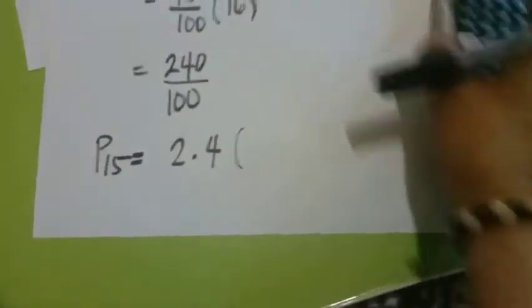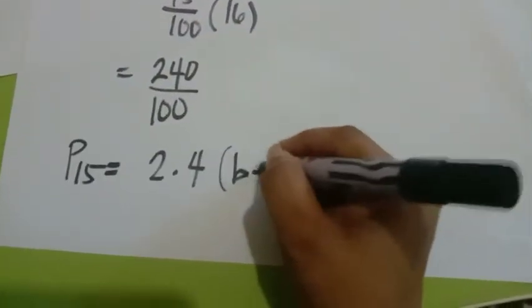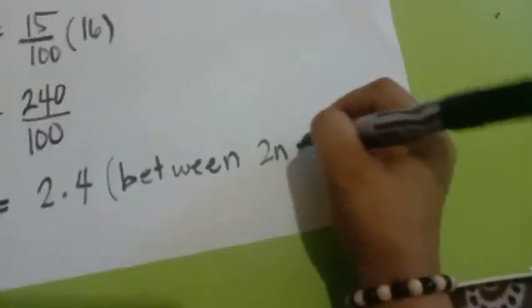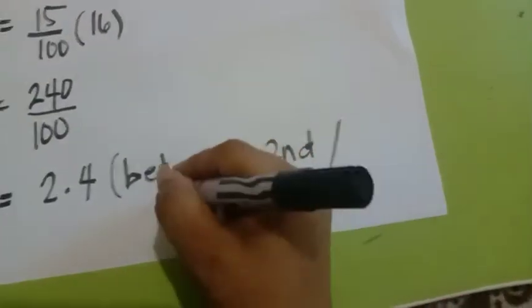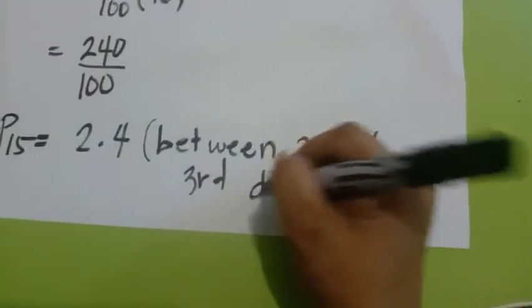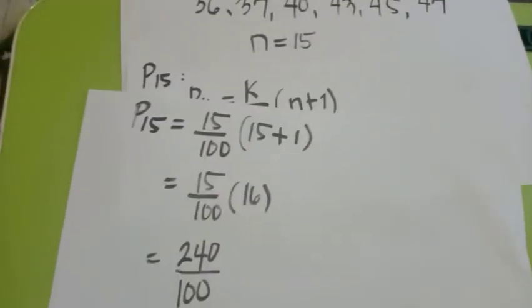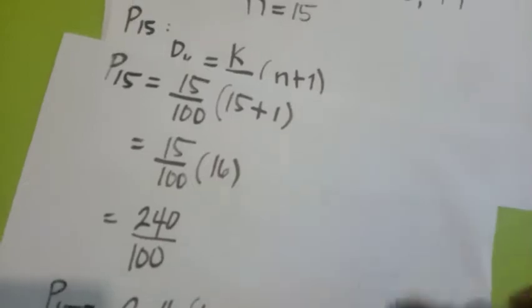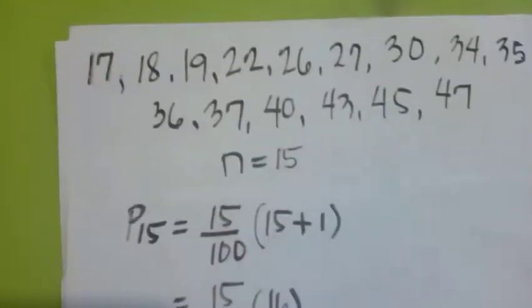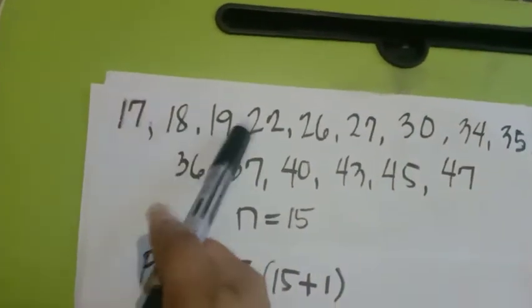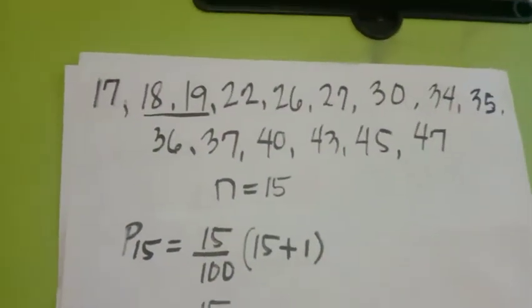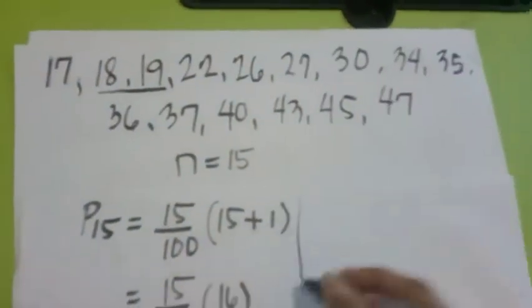Yung 2.4, this is between what data? Between the second and third data, kasi yung 2.4 nasa pagitan ng 2 and 3. Let us count kung ano yung second and third data natin. 1, 2, 3. The second and third data is 18 and 19.